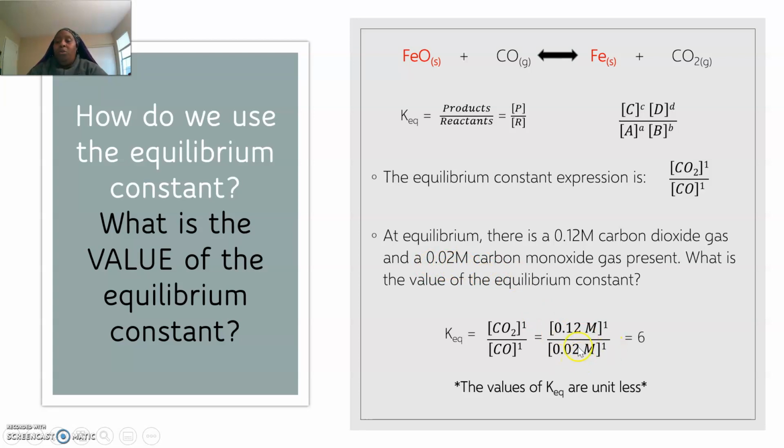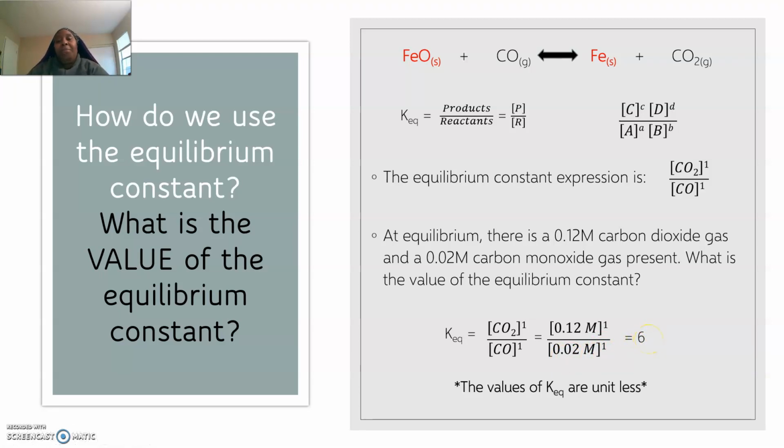So put them in the equation. Take 0.12, raised to the 1, so that is 0.12, divided by 0.02, raised to the 1, which is 0.02. You get an answer of 6.